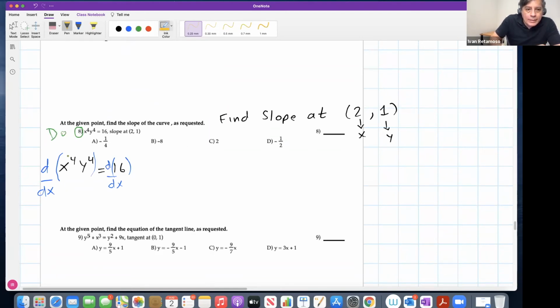Product rule with this guy F and this guy G. Recall, derivative of F times G, F prime G plus G prime F. Okay. For the side here, the derivative is 0. And then follow the shortcut, right? Once you take the derivative, replace x with 2 and y with 1.